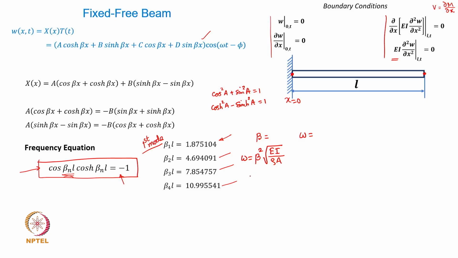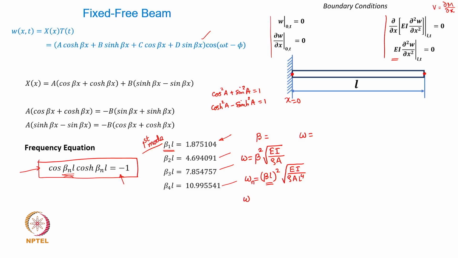So what we can do is, this expression for the natural frequency can be reformulated as beta L square, and I can take L inside, and then it will be EI upon rho A L to the power 4, right? And this beta L is going to be substituted with these individual values to get omega n, the natural frequency.